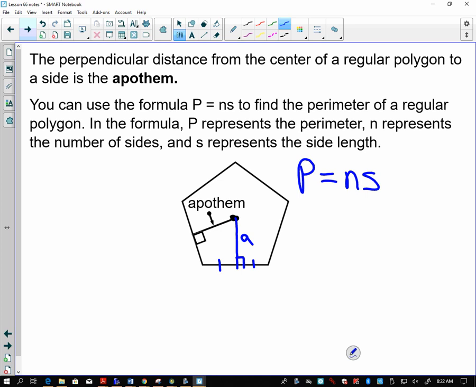They're all the same length, right? They're equal. So if I'm looking for the perimeter of a regular polygon, I already know all of these sides are the same length. So the moment I knew, say, this was 7, all I needed to do was take 7 times the number of sides. There's 5. 7 times 5 is 35. Perimeter is 35, right? So there's a formula, but it's pretty self-explanatory because we're working with regular polygons here.